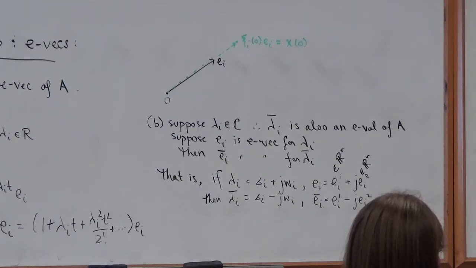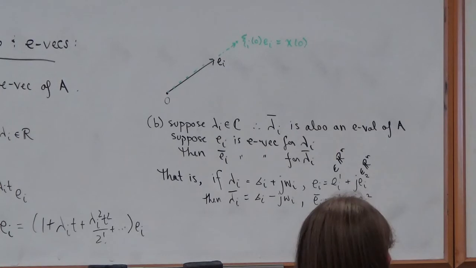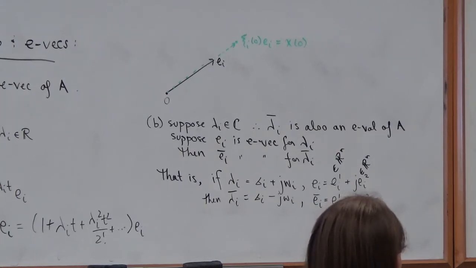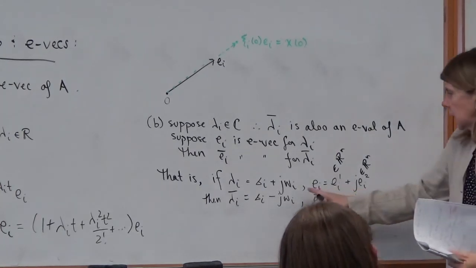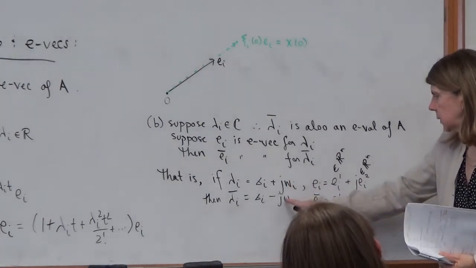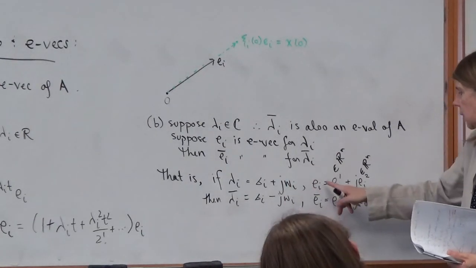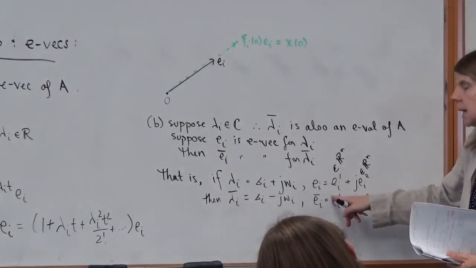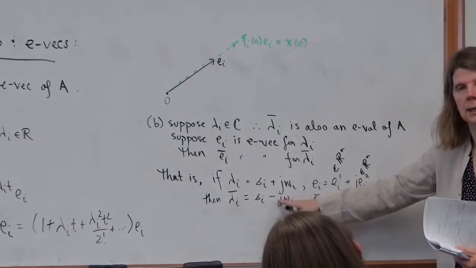That would be a very fast way to do it. If you didn't want to do that, you could just start at the same starting point, write out the equation for an eigenvalue-eigenvector pair, and show that if this is an eigenvalue and this is its complex conjugate pair, then this is the eigenvector associated to that eigenvalue.